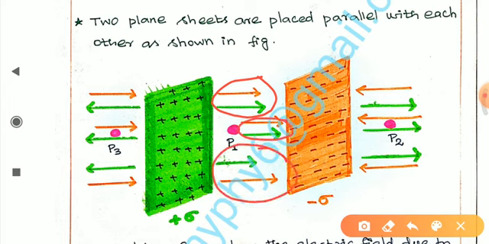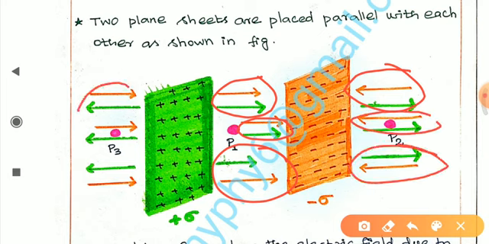Suppose you consider a point outside, here we can see that they are in opposite directions. If you come to the left hand side of this place, there also both are in opposite directions.